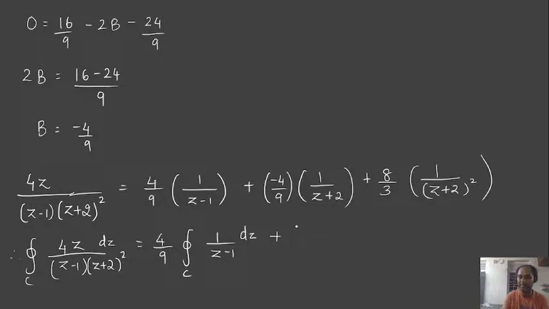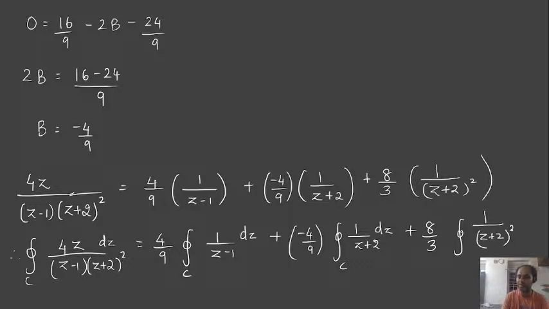Here it is minus 4 by 9 integration 1 over z plus 2 dz over the curve C, and here it is 8 by 3 integration 1 over (z plus 2) the whole square dz over the curve C.